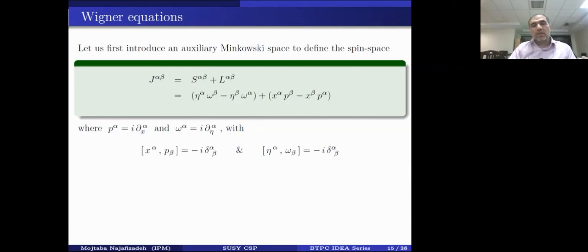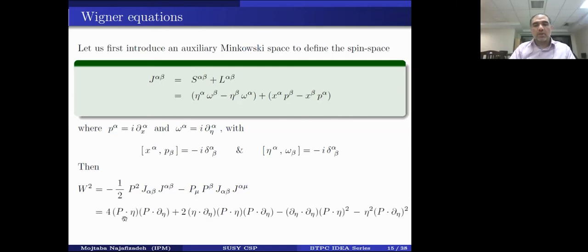So we introduce an auxiliary spin space to introduce the continuous spin particle. Using this generator, as W square had this form, since P square is 0, using just this term, you will get this operator, this amount for W square.